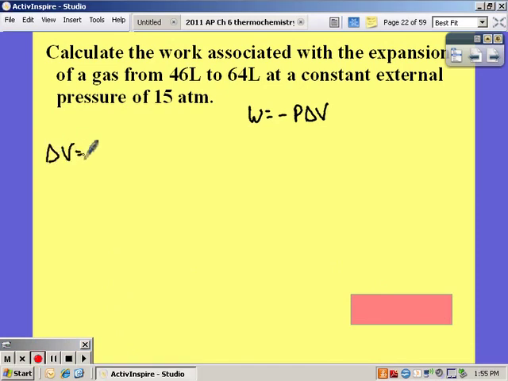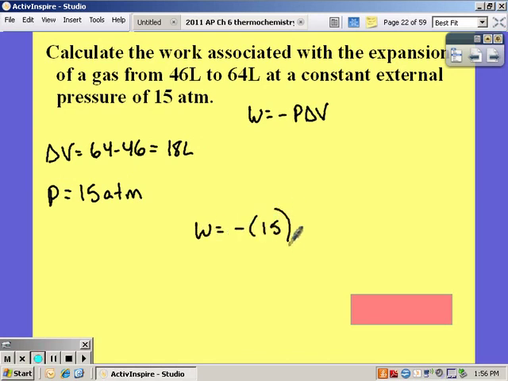And our volume change is equal to 64 minus 46, or 18 liters. Pressure is 15 atm. Don't forget your negative sign when you multiply them. And that gives you negative 270. The units are liters times atmospheres.